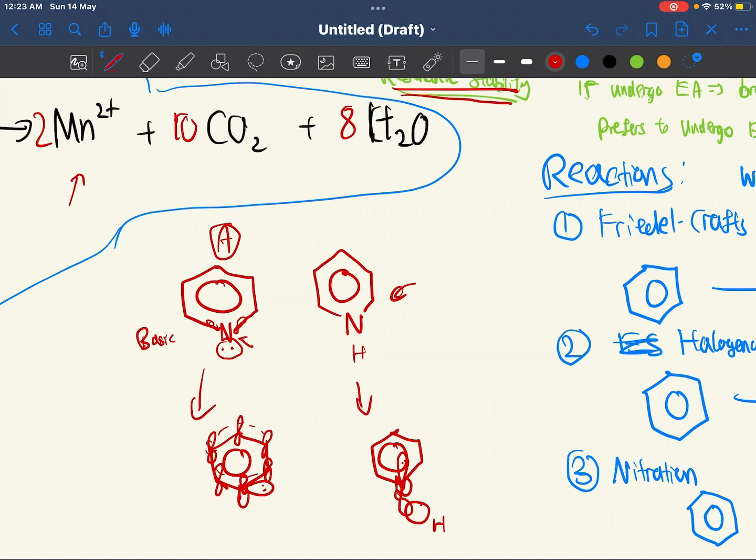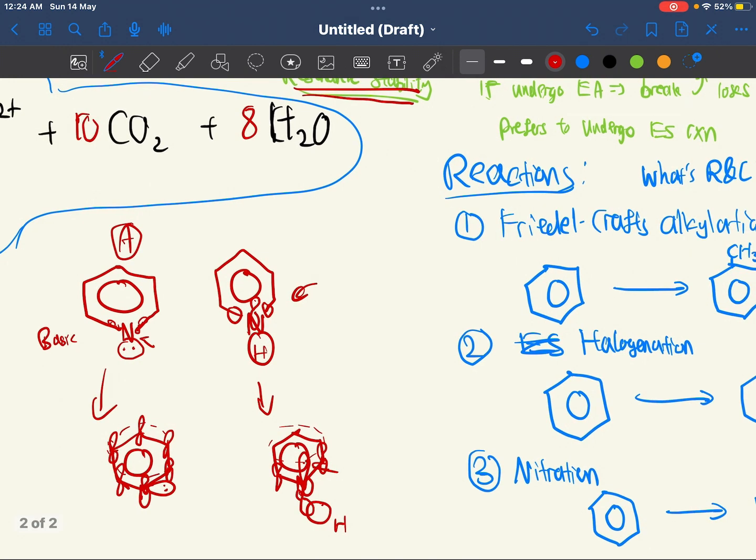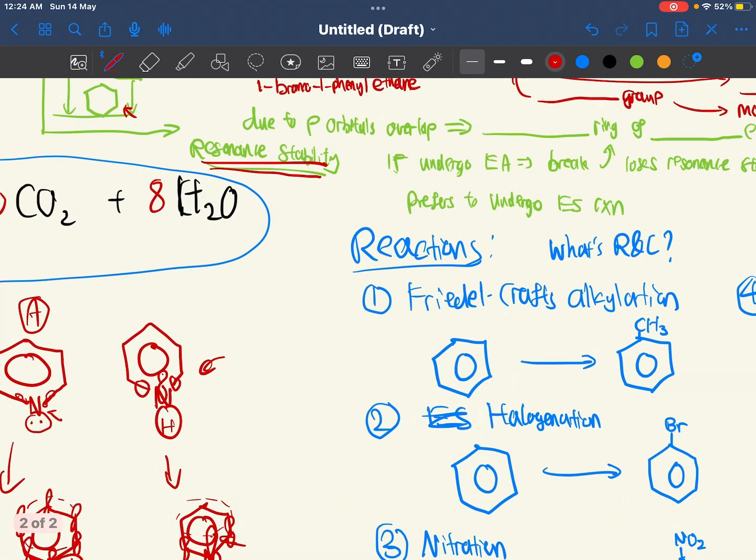Whereas if you look here, my 3 sp2 hybrid orbitals, 1, 2, 3, are involved in bonding, so my lone pair of electrons is contained in my p orbital. Over here, this p orbital will then overlap with the p orbitals of the adjacent carbons and be delocalized over the benzene ring. Therefore, it's not available to donate, so it doesn't display basic properties.